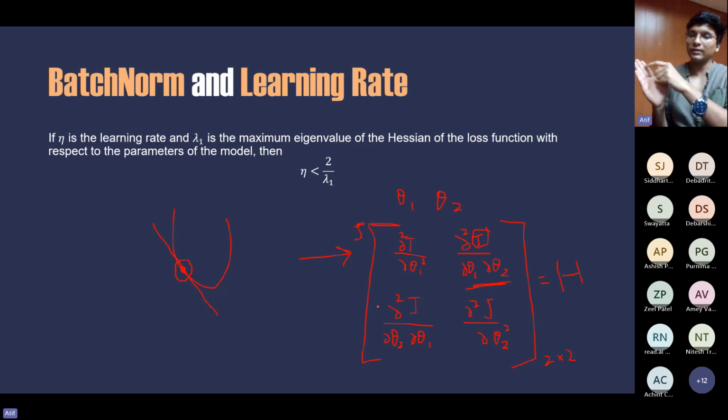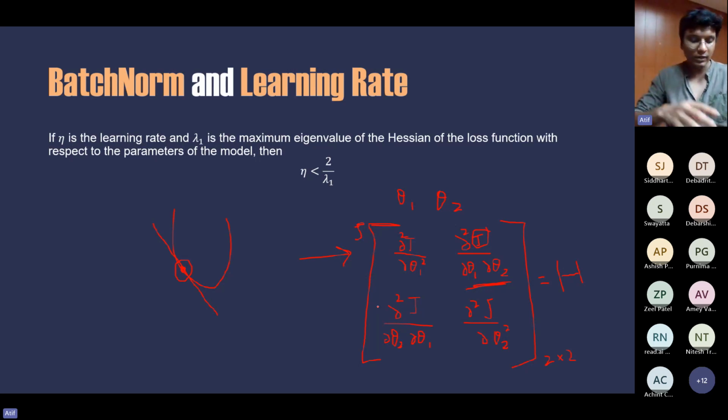Lambda 1 is telling you this is the entirety of the step that you can take, and if you take a step bigger than that, you don't know what's happening. This could look like this, so you took a step this way. If you took a larger step, you might reach here. Or if you take a very large step, from here you might go this way and go out. So you might overshoot. That is why it's very important to make sure eta is less than 1 by lambda 1.